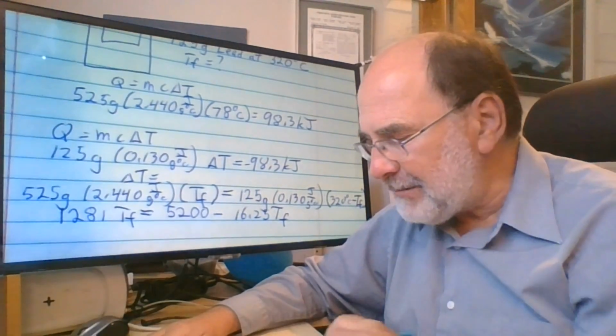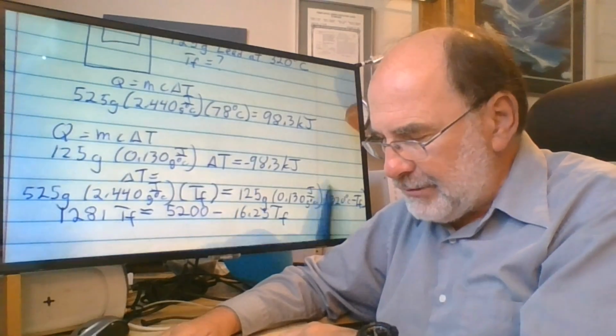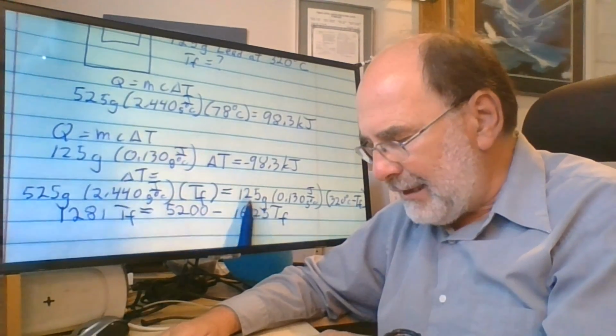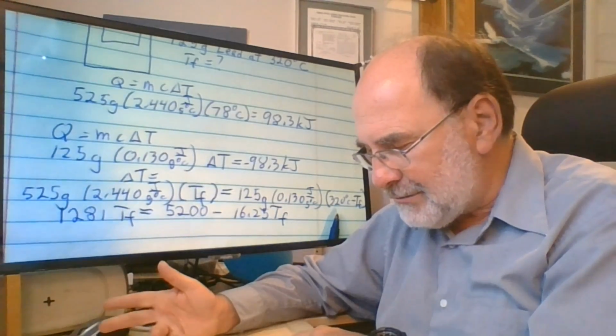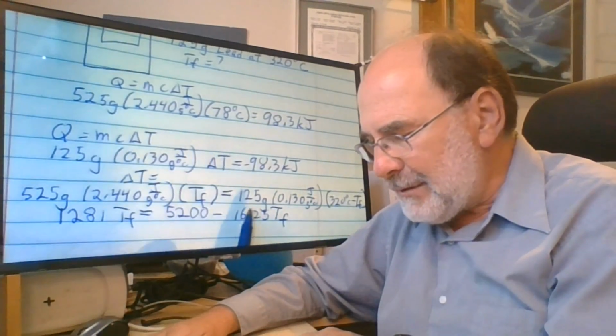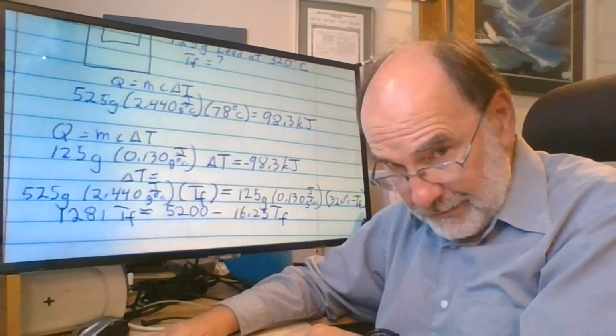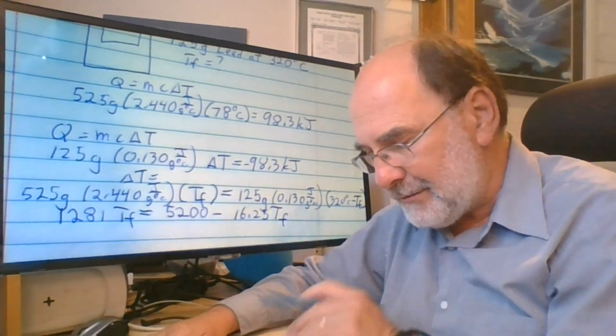Okay, I use the distributive property. I got rid of the parentheses here by going mass times specific heat times initial temperature minus mass times specific heat times final temperature for the lead.